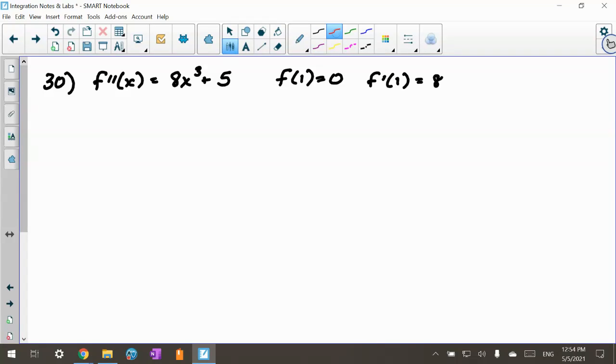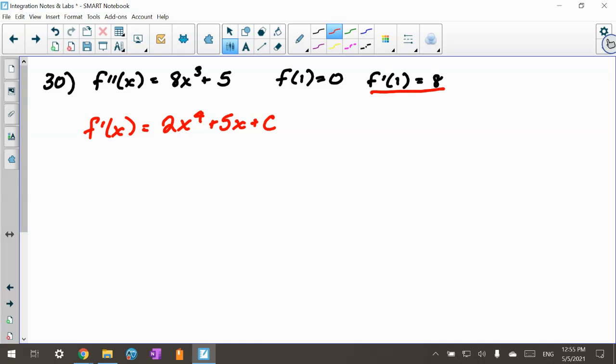So let's go backwards and find f prime of x. This is all set up nice because they're power functions. Raise it 1, multiply it by 1/4, so that's 2x to the 4th plus 5x plus c. Now I'm going to go up here and use this.